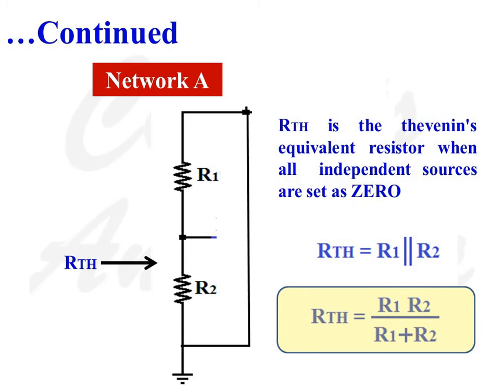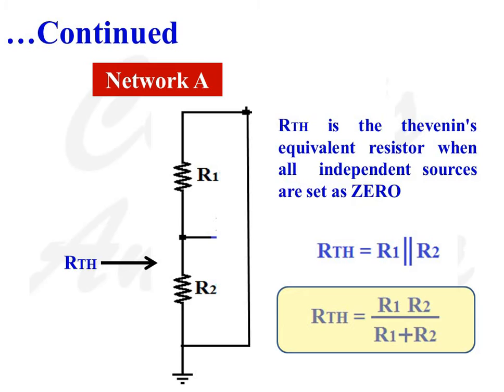When the voltage source VCC is replaced with its internal resistance, the circuit becomes two resistors connected in shunt. So RTH is equal to R1 parallel R2. Therefore, we can write RTH is equal to R1 R2 divided by R1 plus R2.